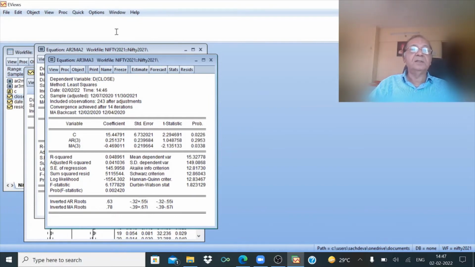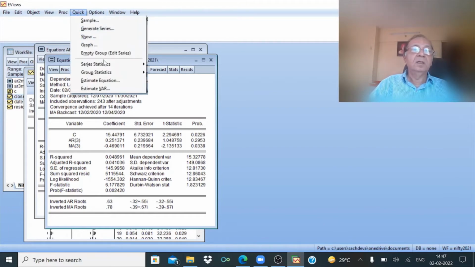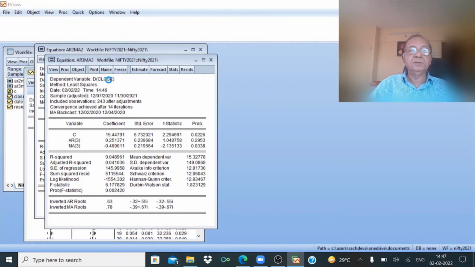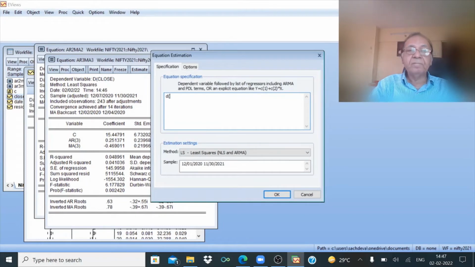Let us make another model, quick estimate equation with D close, C, AR1, MA1.